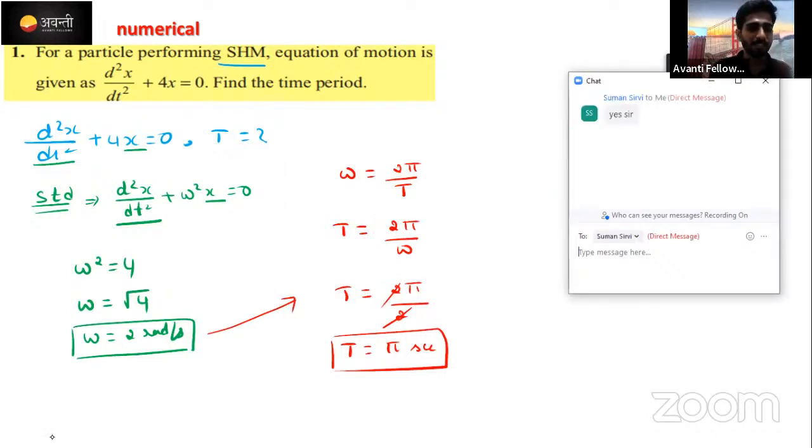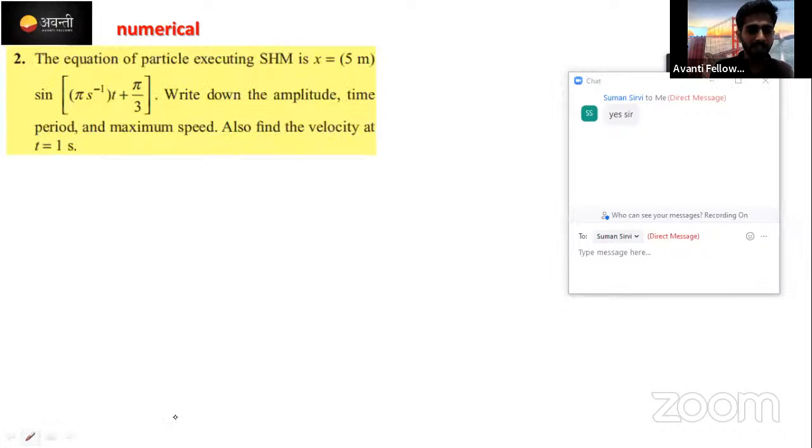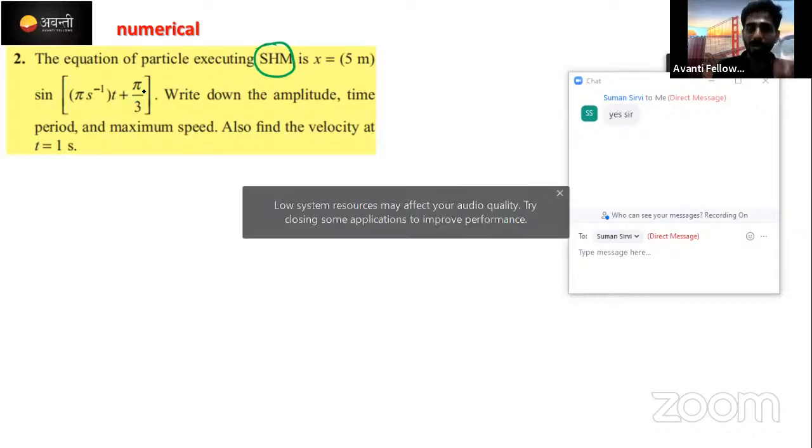Okay, we'll move towards the next problem. Okay, the next problem is here. The problem is given here. The equation of a particle executing SHM, SHM stands for, guys, simple harmonic motion, is x is equal to 5 meter sine of pi second inverse into t plus pi by 3.